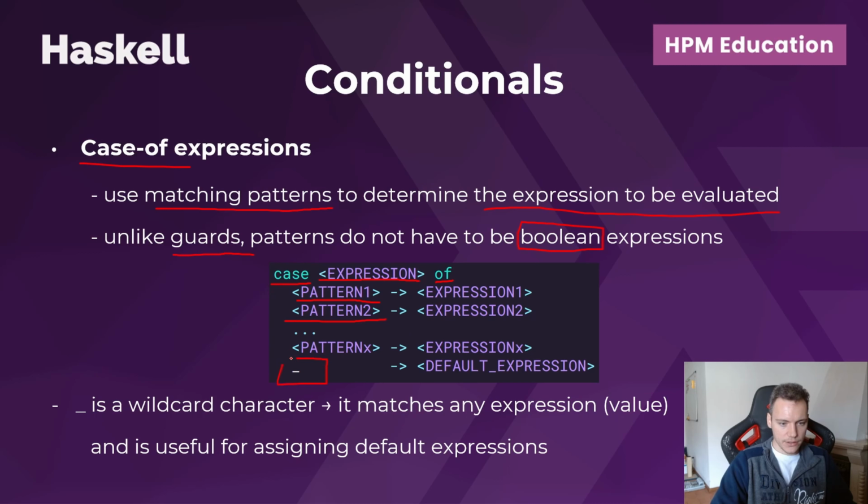The last line here is a wildcard character, which is an underscore, and this matches any expression, any value, any pattern. So it's basically like otherwise in the multi-way if, and to this pattern we assign the default expression we want to use when none of our patterns matched.